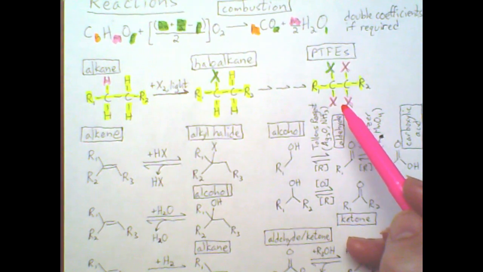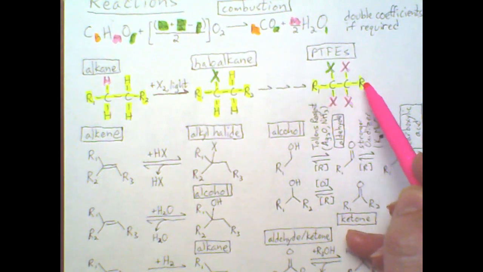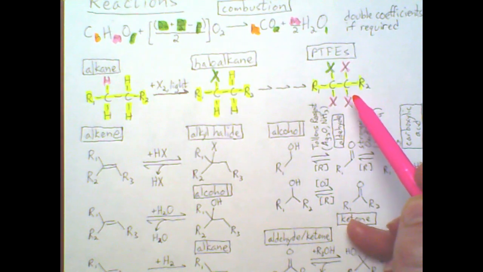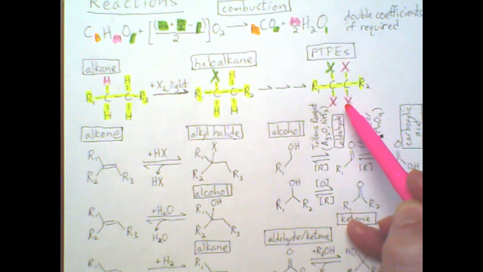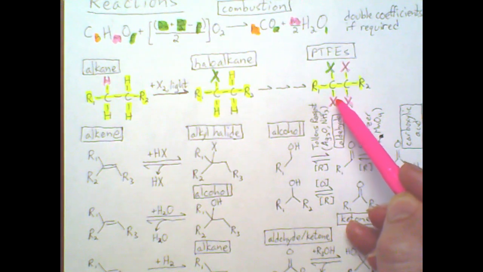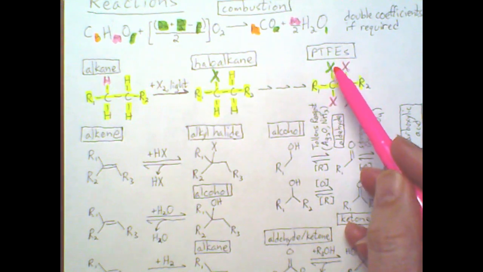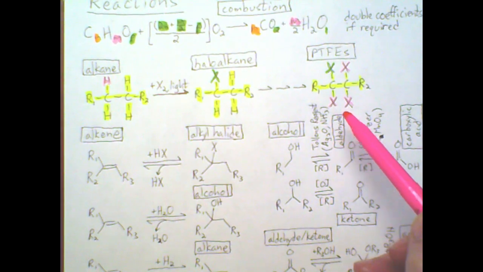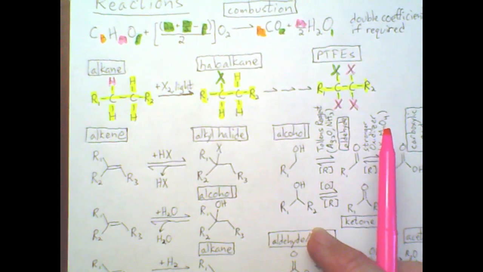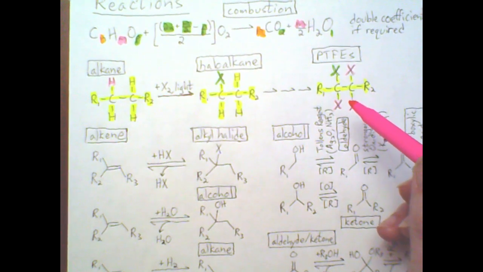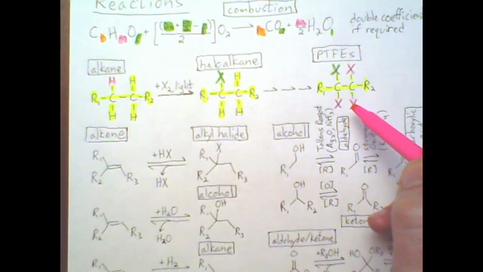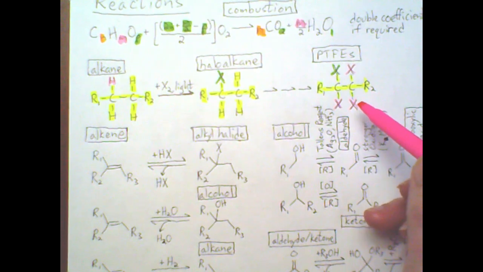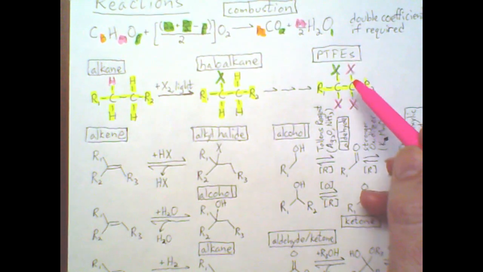And so now we're facing the task of how do we remove these very stable molecules from the water supply, or how do we break the halogens off of them and turn them into harmless halide ions. This is a major area of research that the Department of Defense is funding in order to clean up water supplies around the military bases where they've put a lot of these into the environment.